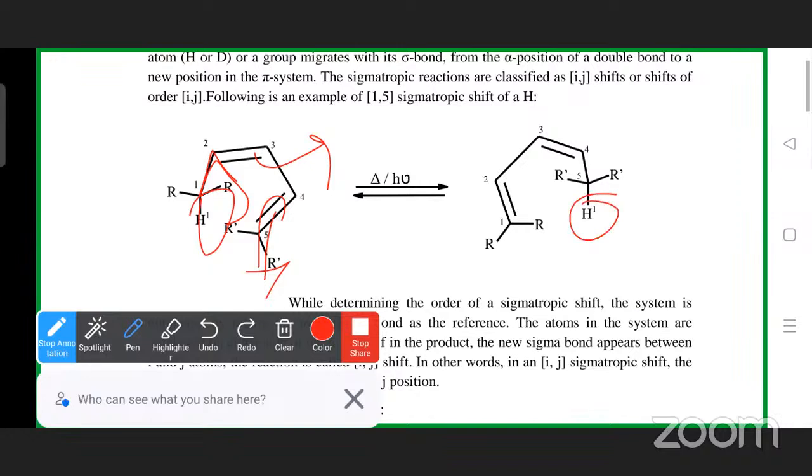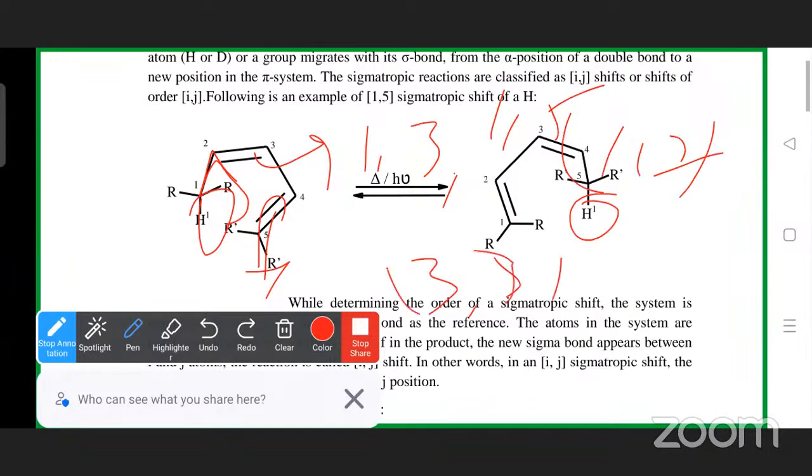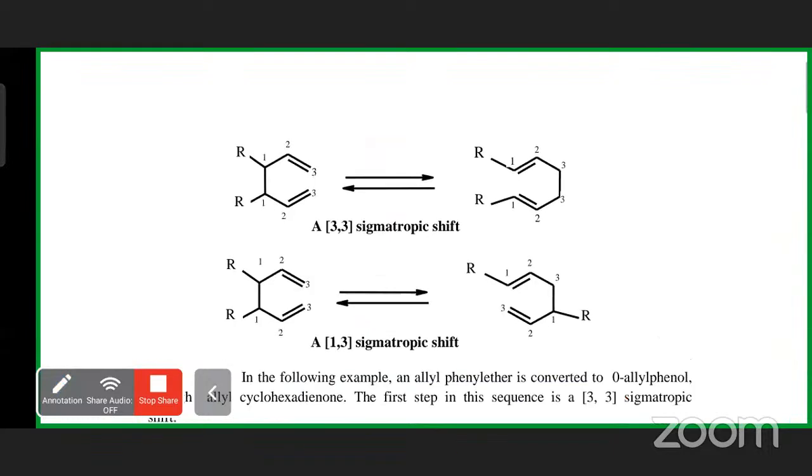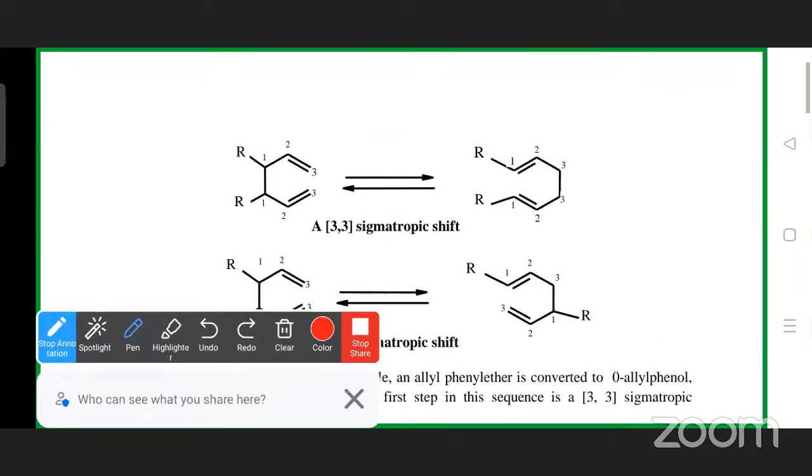So this is a sigmatropic shift, and depending on the positions where the migrating group is finally attached, it is classified into 1,3 sigmatropic shift, 1,5 sigmatropic shift, 1,7 sigmatropic shift, and 3,3 sigmatropic shift. All these are different types of sigmatropic shifts.